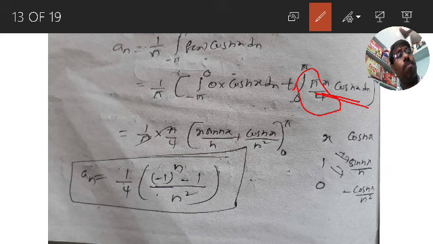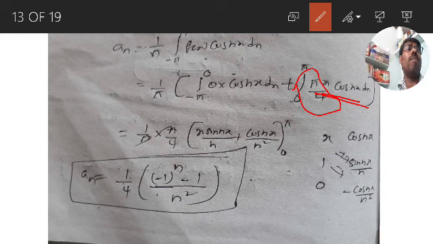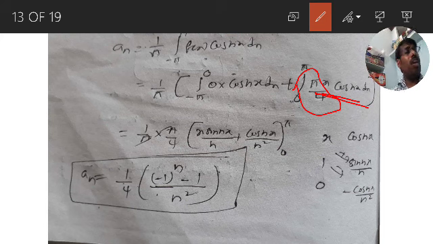ILATE rule: A means algebraic, the third letter, and T means trigonometric, the fourth letter. So x is the first function and cos nx is the second function, since x is algebraic and cos nx is trigonometric.